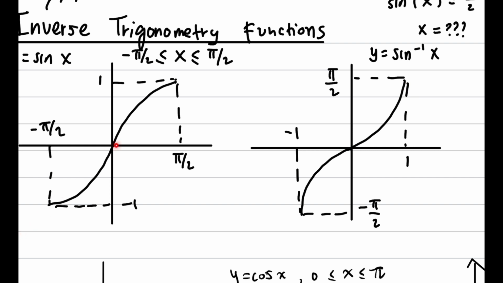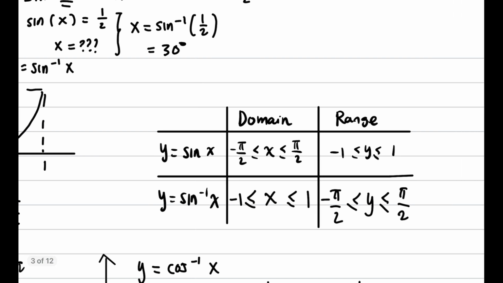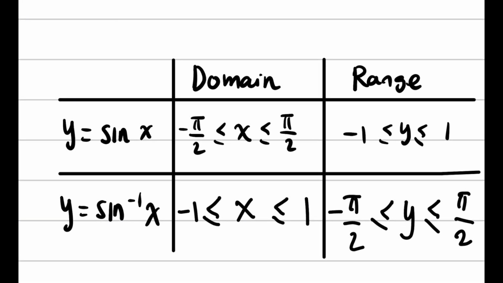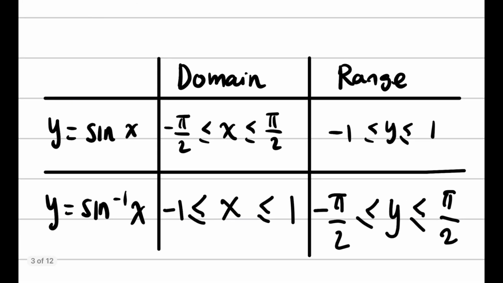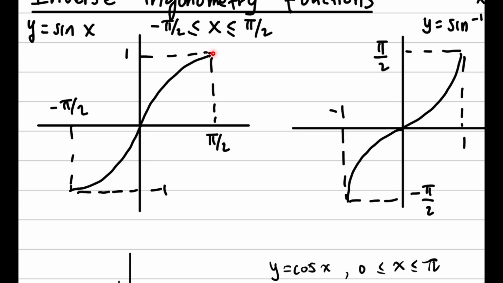So you can draw y equals x, and then this is the reflection. And you can apply the domain and range concept for the inverse trigonometry function. Because we limit the domain for y equals sine x, the domain will be x between minus pi over 2 and pi over 2. The range will be from minus 1 to 1, because for sine x, as you can see, the maximum is 1, the minimum is minus 1.